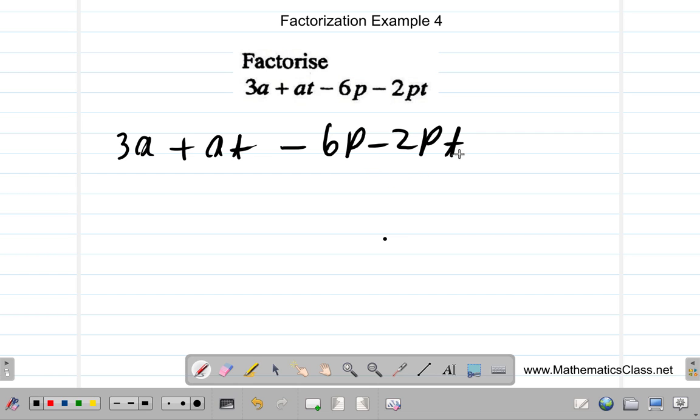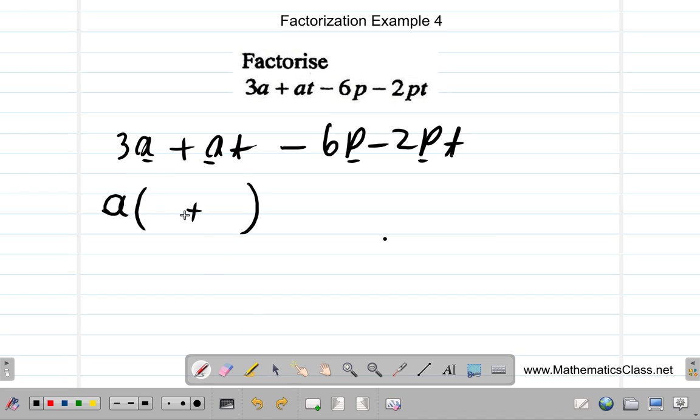So we see t as another common factor here, p as another common factor. So we're going to take a aside, outside a bracket. We're going to have a plus inside. A times this thing will give you 3a.